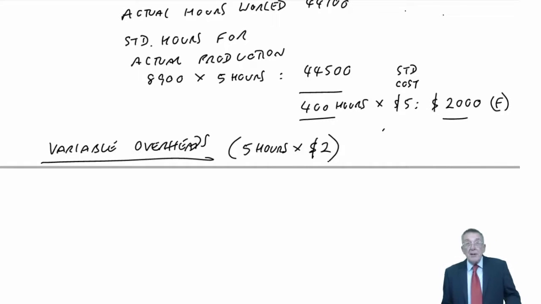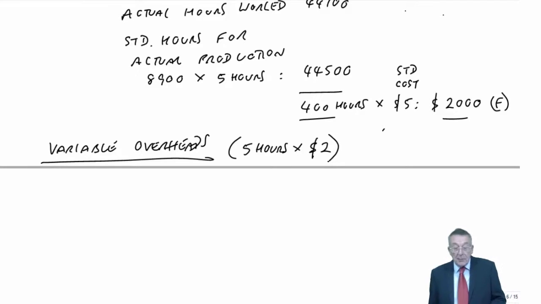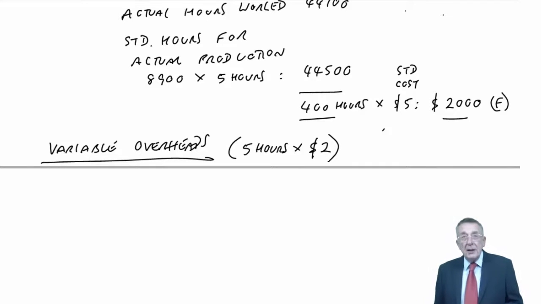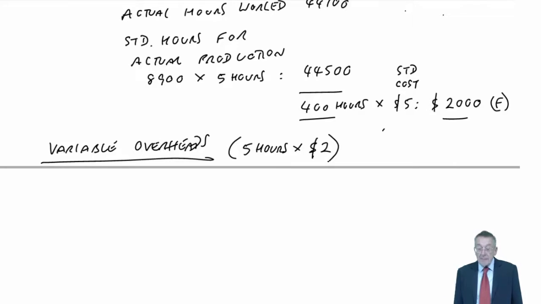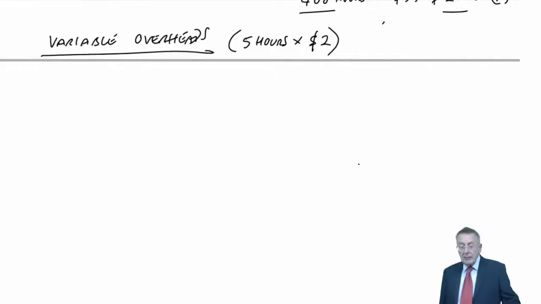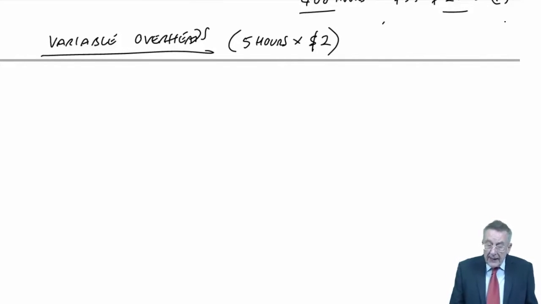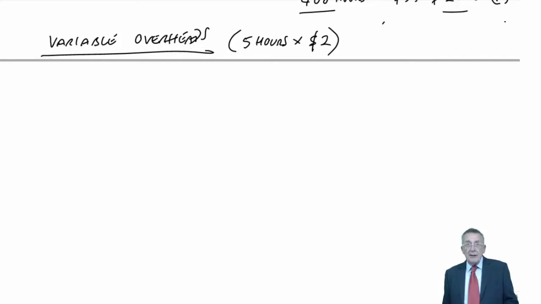And so, in a similar way to the others, we're going to look at the two separately. Did we pay $2 an hour? And did we work 5 hours on each unit? Well, although it's very similar to what we've just done on labour, there's one rather important difference. We're going to look at the expenditure variance first, the $2.